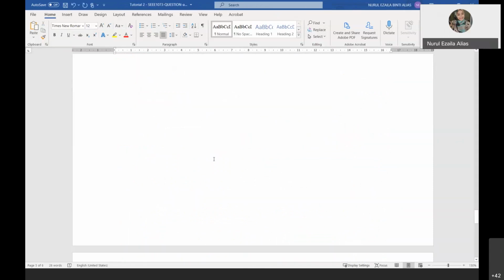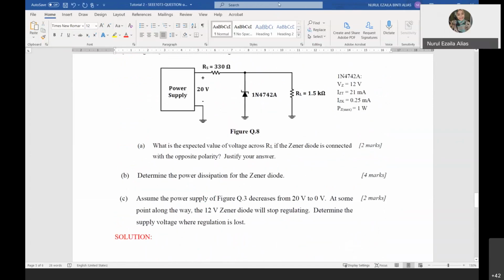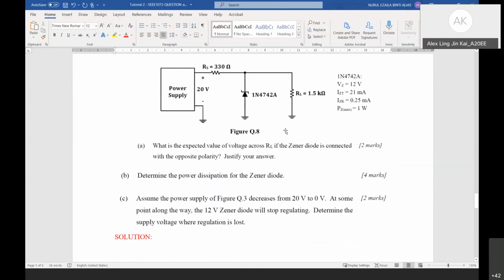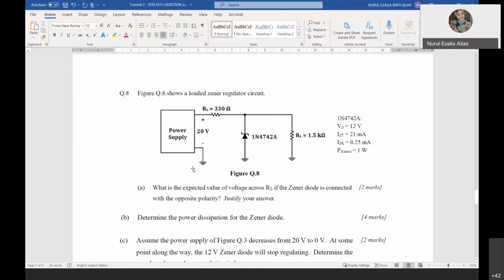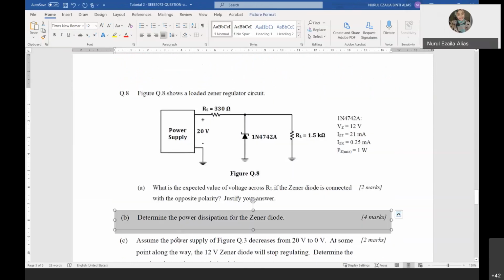Can you see my screen, students? Yes. Okay, so look at here. So I skipped this, I didn't have time the other day, but I think I have time now.